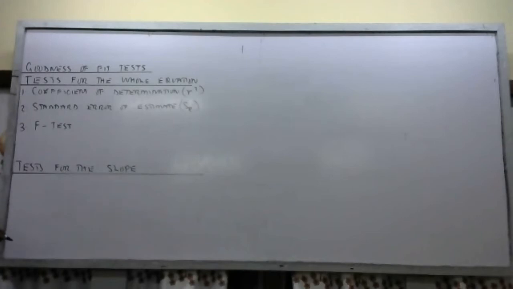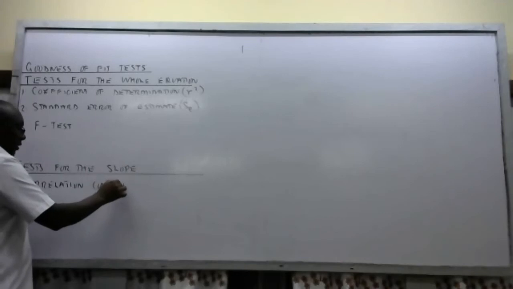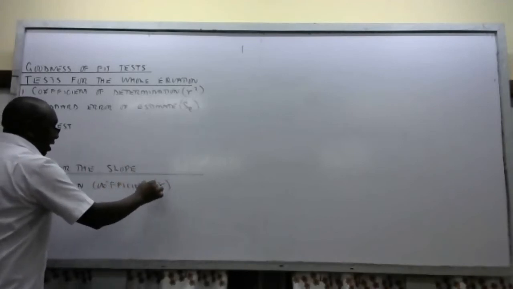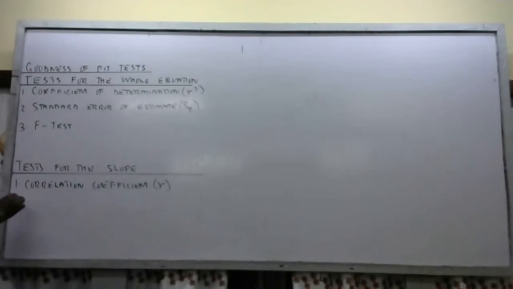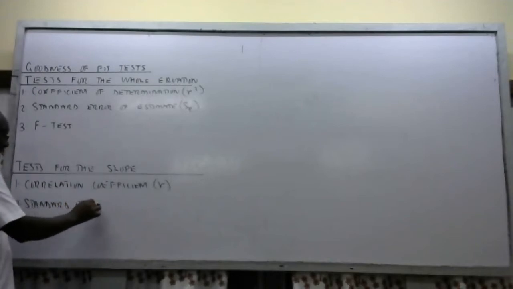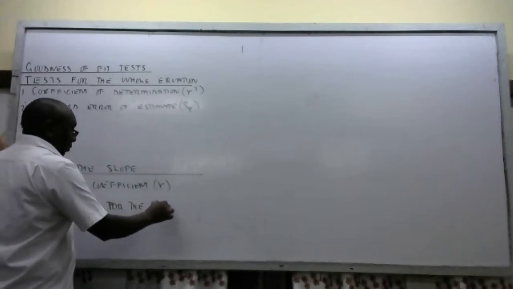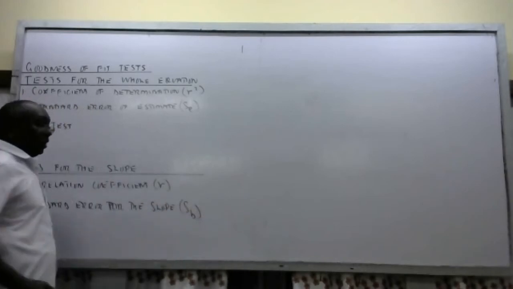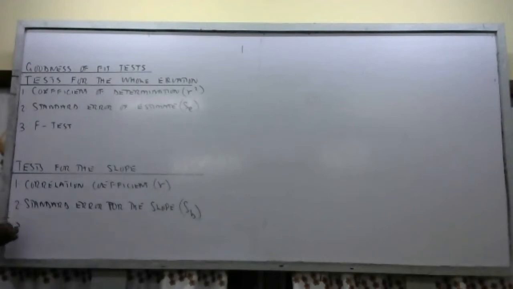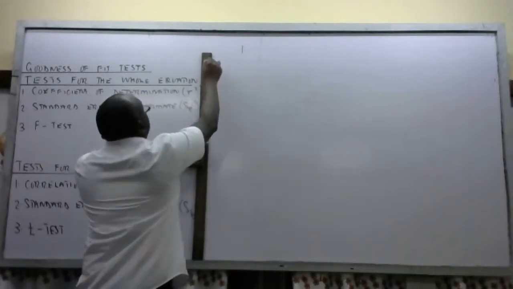In the test for the slope, the first one is called correlation coefficient, R. The second is called standard error for the slope, SB. And the last one is called T test.